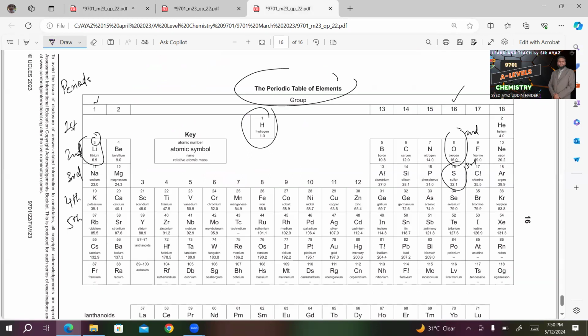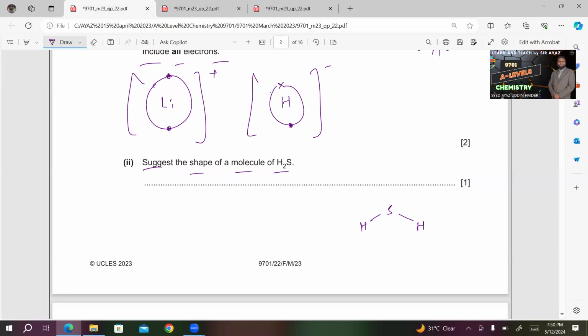It's in group 16, which means it has 6 valence electrons. So needing 2 electrons to complete its valence shell. So if I will show the electrons for sulfur, it will be like this. I'm using dot for sulfur. 1, 2, 3, 4, 5, 6. What about hydrogen? These are the electrons for hydrogen.